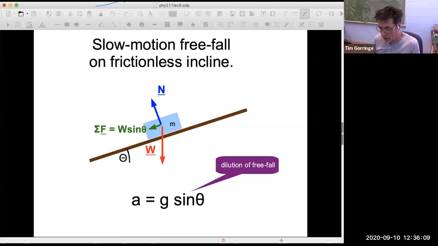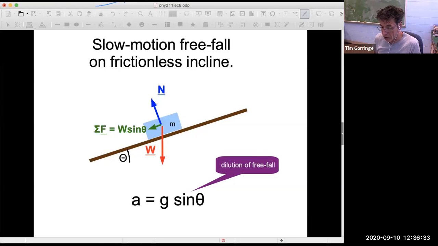And what we learned in last class, and the important thing about the incline in last class, is that on a frictionless incline, the acceleration of gravity, that 9.8 meters per second squared, gets diluted on the incline. And on the incline, you just see a fraction of that acceleration of gravity.